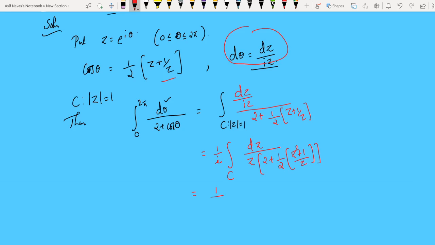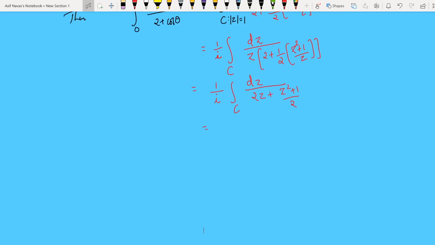If you multiply this, you will get 1 by i integral over C dz divided by 2z plus z square plus 1 divided by 2. So this is equal to 1 by i integral over C dz divided by 4z plus z square plus 1, all divided by 2.